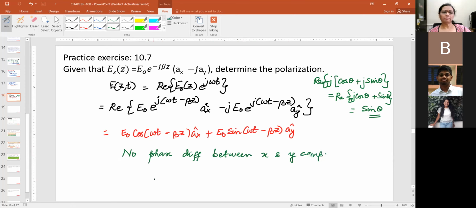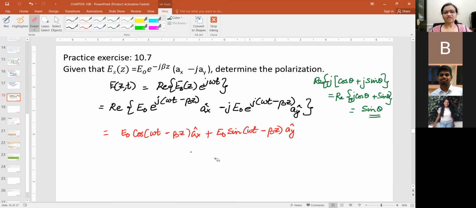So what do you conclude? Cos and sine, 90 degrees phase. Oh, sorry, what am I telling? Yeah, cos and sine, 90 degrees. Okay, so now what will you write? Write phase difference. Phase difference is delta equal to, is it plus pi by 2 or minus pi by 2?